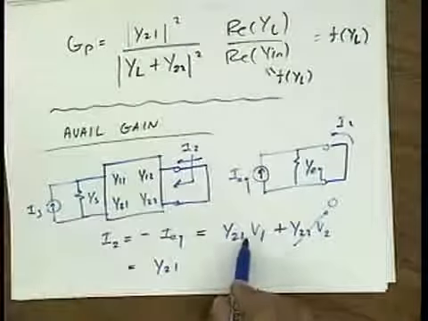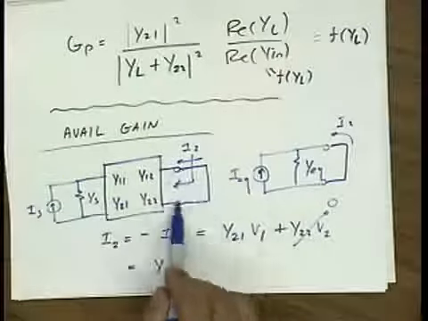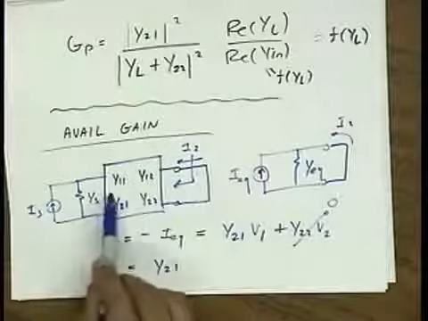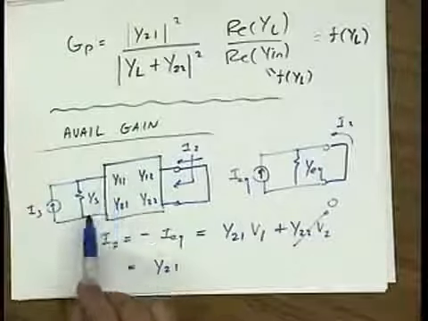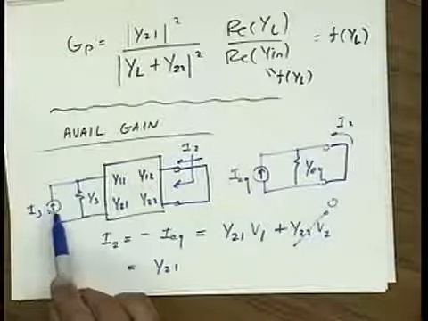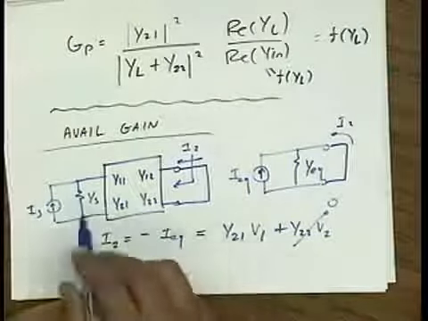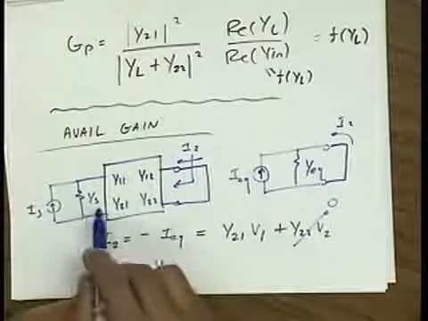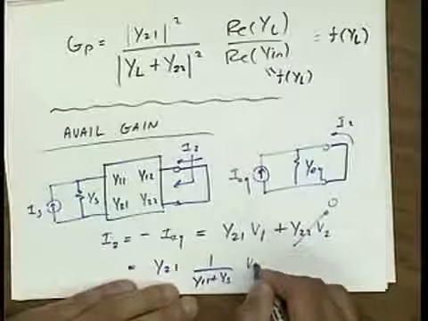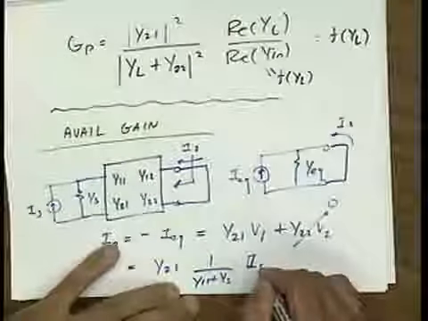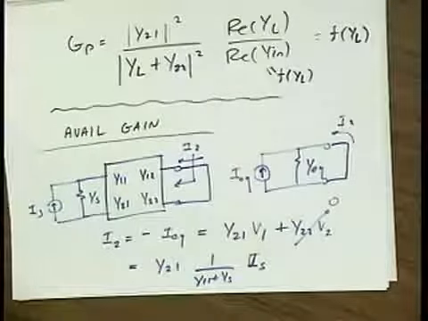Basically V1, if I come back and look at this, if I short circuit the output port, the input impedance is just Y11. So V1 is simply IS times this input impedance, which is 1 over Y11 plus YS. That makes sense?